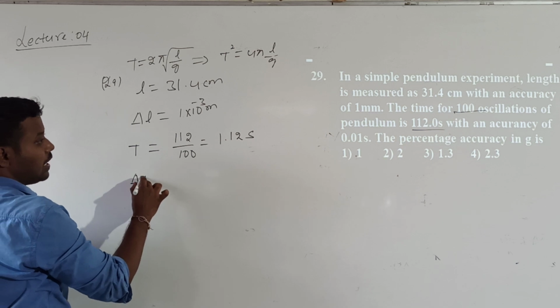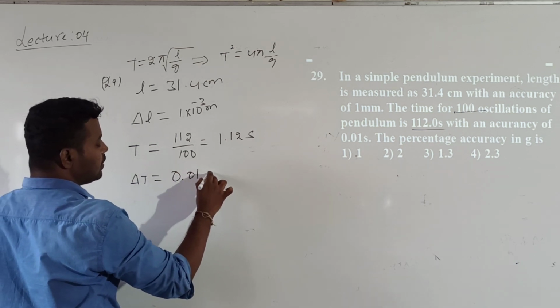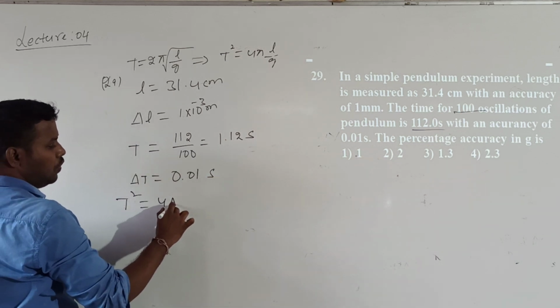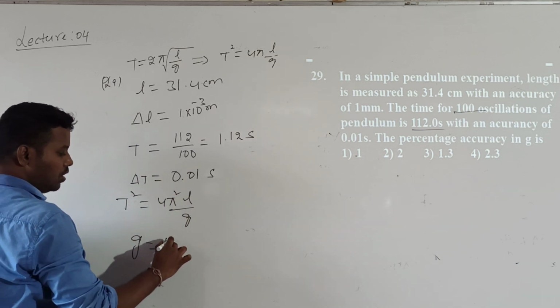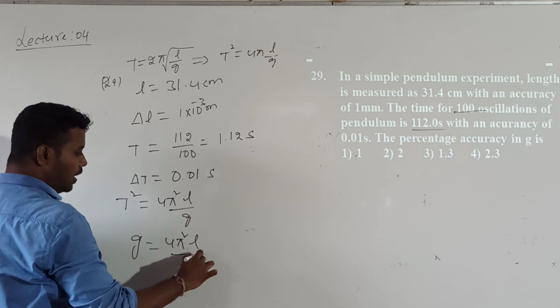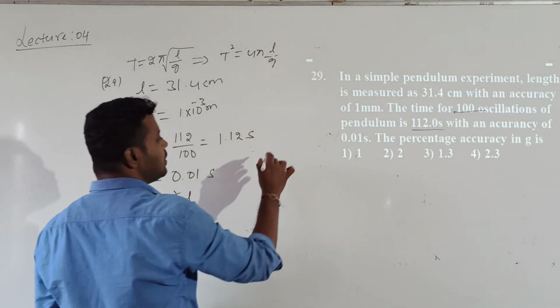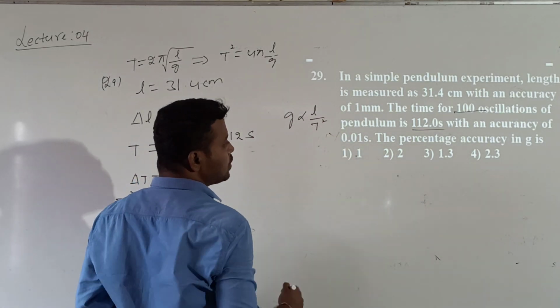Accuracy: what is the error in the measurement of time period? It is 0.01 seconds. Now what is the g value? 4 pi square into L by T square. So g is directly proportional to L by T square.